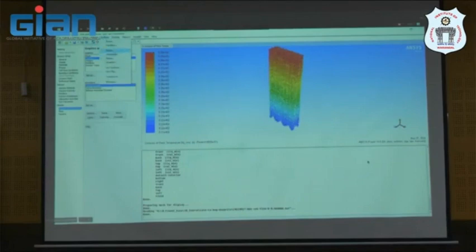We should create an ISO interface. What we are looking at now is the temperature distribution, the temperature field, right?